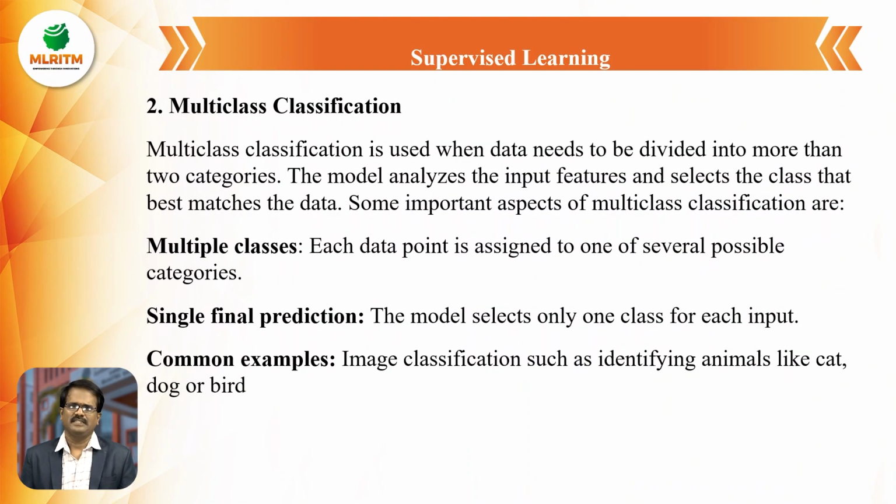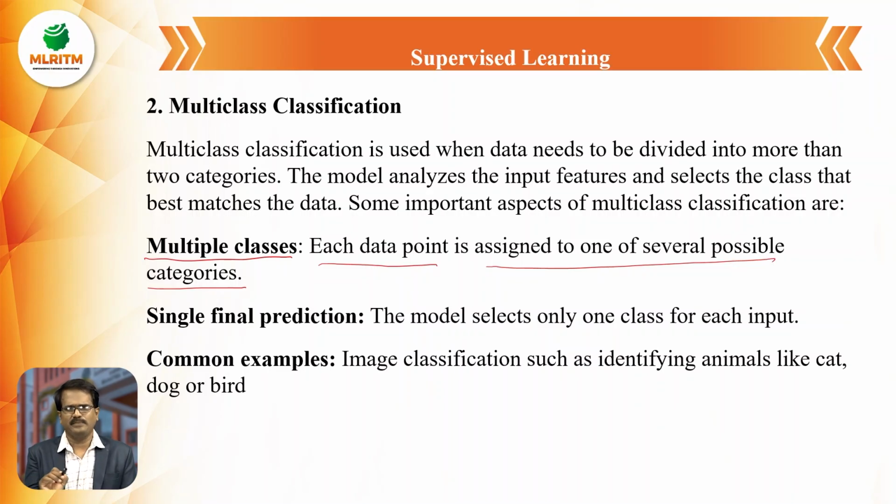Multi-class classification. If suppose there are more than two classes of data, more than two categories of data, then we will go through multi-class classification. Here there are multiple classes, but each data point is assigned to any one of the several possible categories. What does it mean? A point belongs to only one class. A point does not belong to multiple classes.